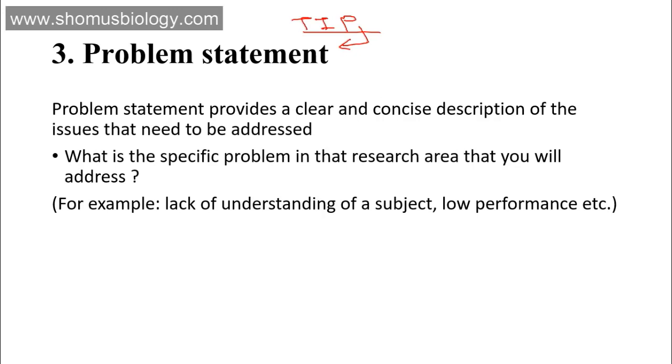Let's say a technique is already there, and you want to explore a new technique. Why? Your answer is there is low performance in the existing technique, that's why I'm going to find it out. Or let's say, although we know about that topic, we don't know about it in that detail. So your idea for that research proposal is to gain some more knowledge about that subject. So this can be your problem statement.